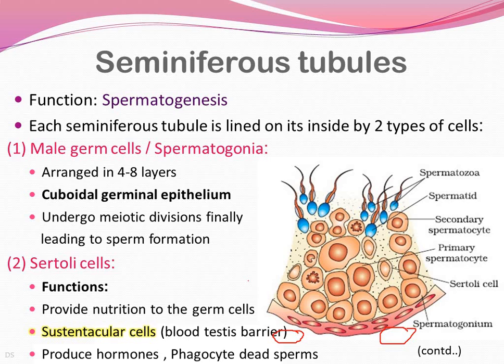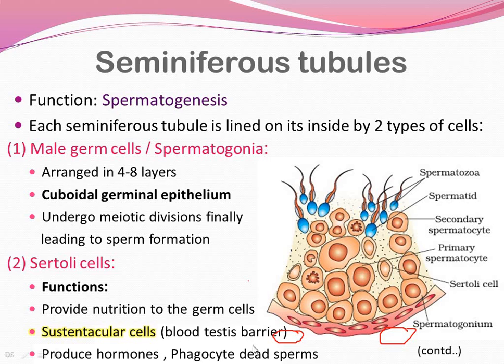Additionally, because in spermatogenesis millions of sperms are synthesized, you must know that in each ejaculation the volume of semen is around 3 to 4 ml, and each ml of semen contains 20 to 120 million sperms. So on average, during each ejaculation, not less than 300 to 400 million sperms are released, and this many sperms are synthesized.